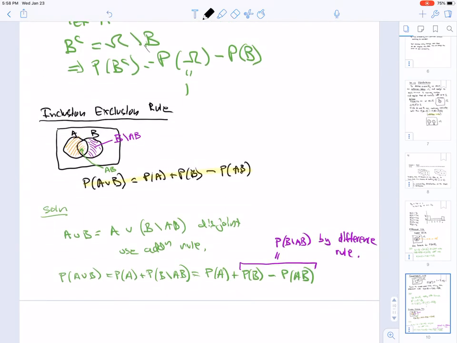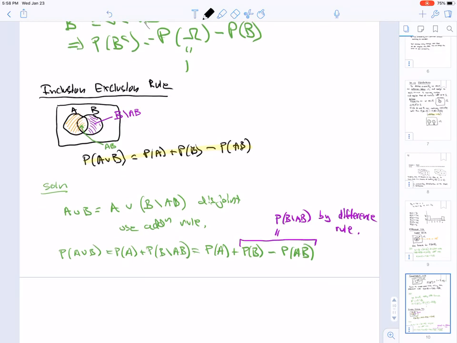Finally, we did the inclusion-exclusion rule. The inclusion-exclusion rule is very important. It says that the probability of A union B is the probability of A plus the probability of B minus the probability of the intersection. The main idea here is that the intersection is double counted. It's included when you're computing the probability of A and the probability of B, so you need to subtract it out.